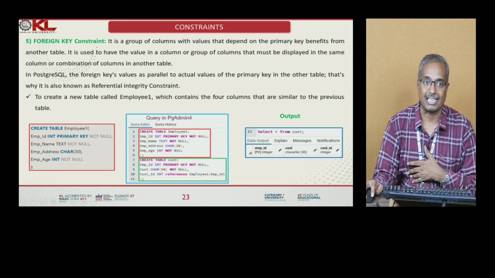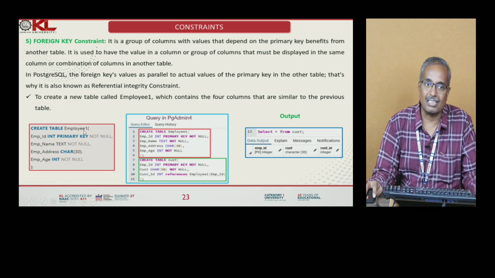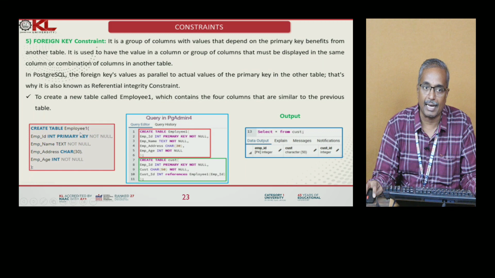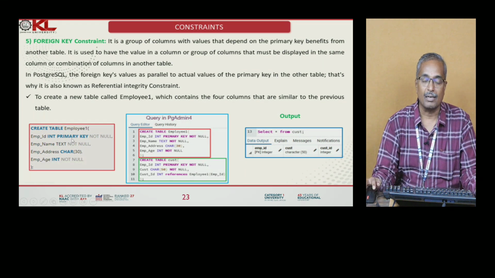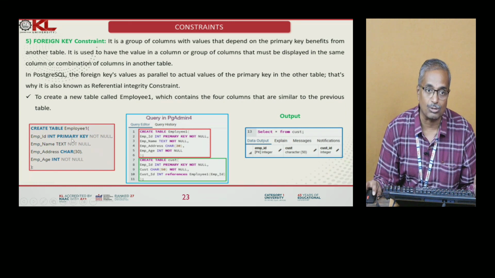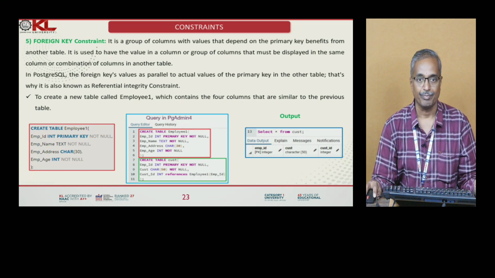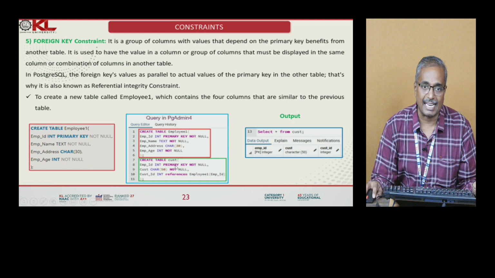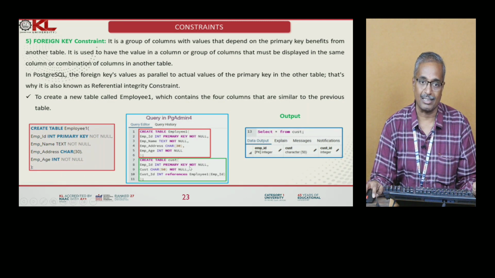Foreign key constraint. You can see here we have taken the employee 1 table, and the column employee ID is defined as a primary key. And here you are seeing that a customer table is there.